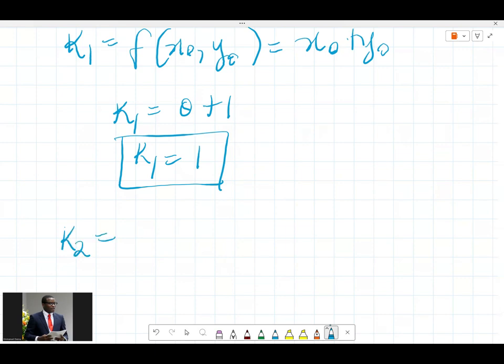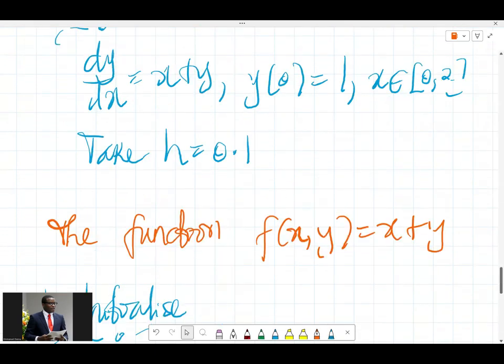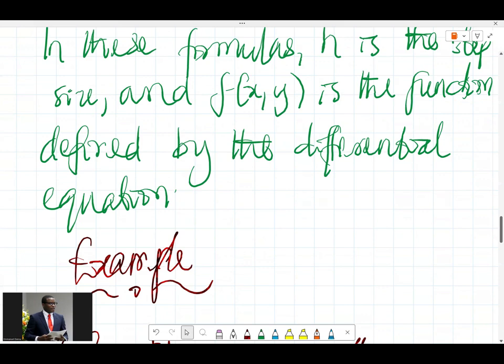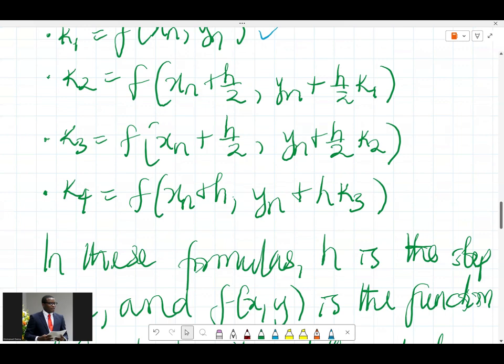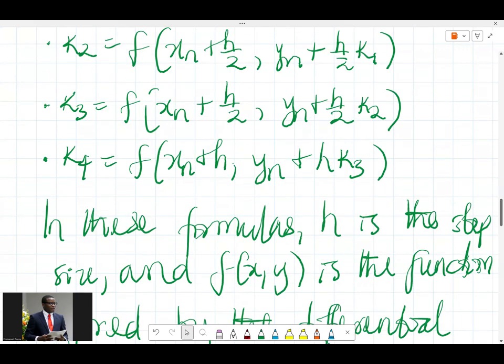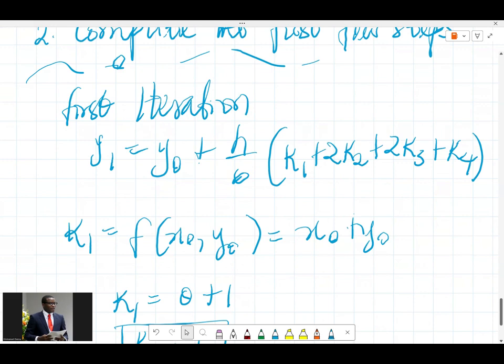So k2 is f of x n plus h over 2, y n plus h over 2 k1. The k1 we got up there is going to be useful for k2 also.